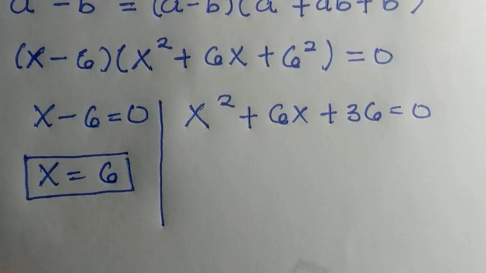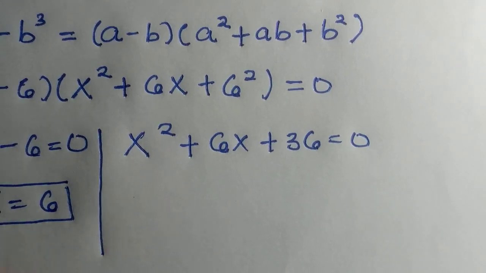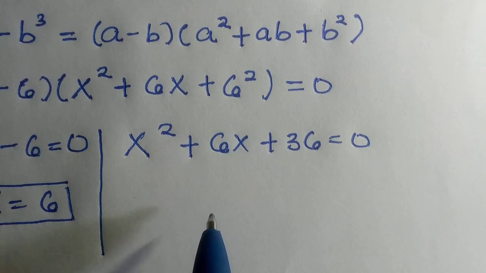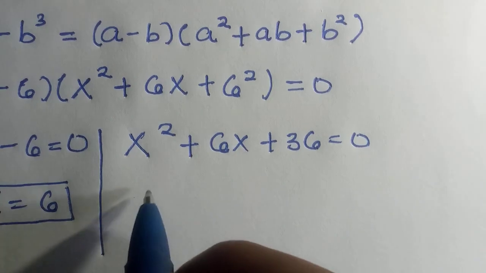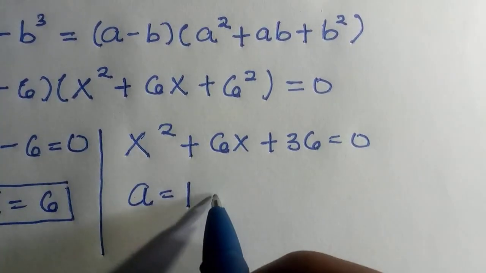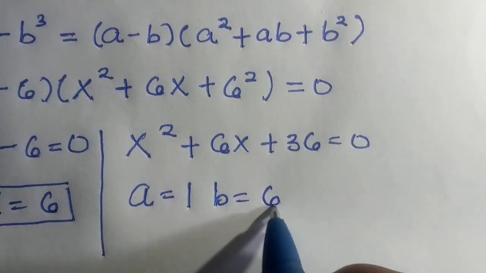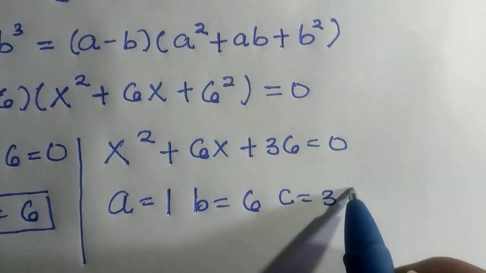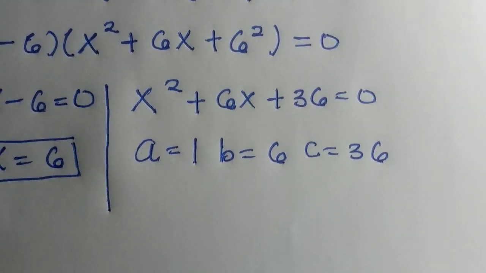And also by considering the other part, we have x to the power of 2 plus 6x plus 36 equals 0. When we consider from here, we name a equals 1, coefficient of x squared, b equals 6, coefficient of x, and we have c equals 36, which is the constant.